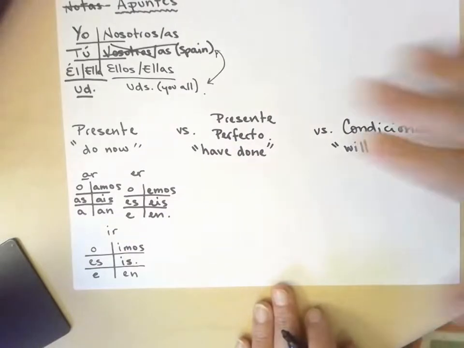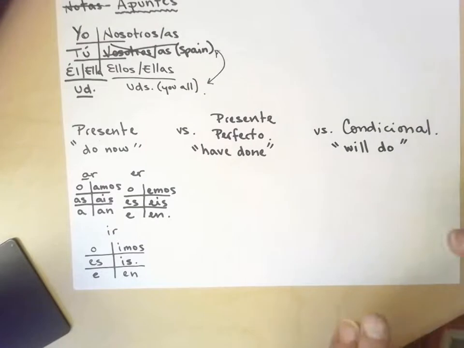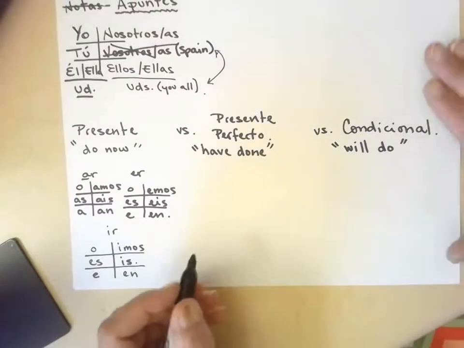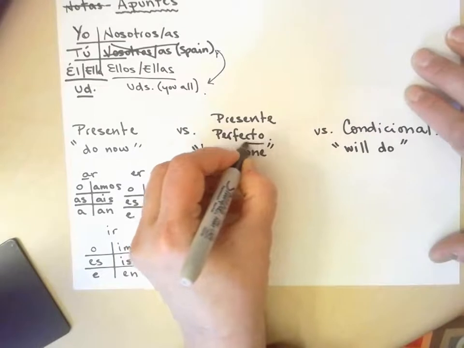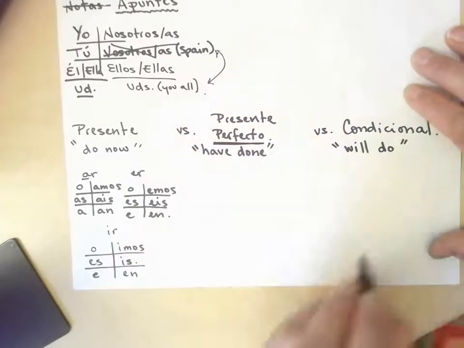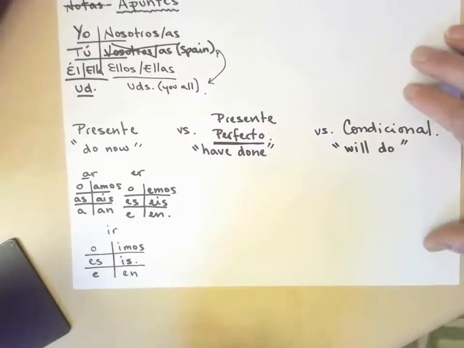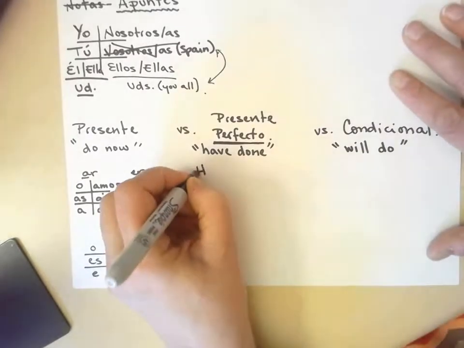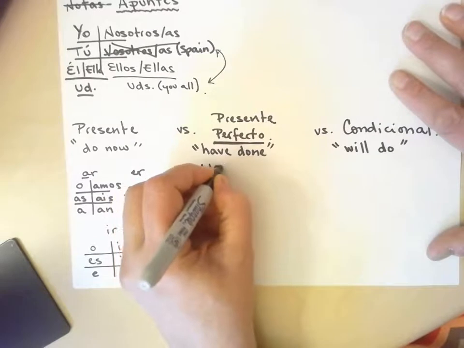Okay? Presente perfecto. You should have done this probably in Español 3, 4, probablemente, pero any tense that you see that has the word perfecto usually is going to have some form of the verb haber.